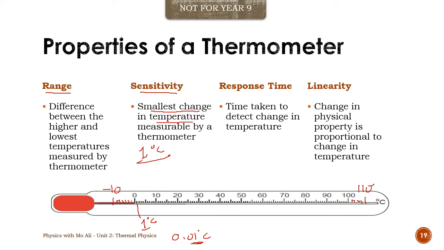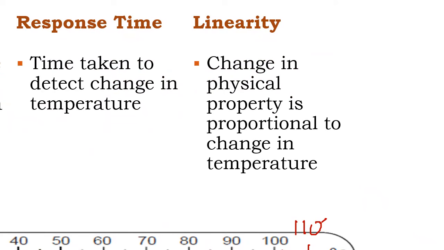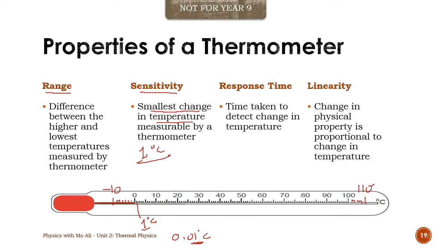And finally, linearity. Linearity is simply a property that you need a thermometer to have. It's the fact that the change in property is directly proportional to the change in temperature. Meaning, if you heat this bulb up by 1 degree Celsius, changing it from 1 to 2, and it expands 1 millimeter, this means that if you heat it to 2 degrees Celsius, it should expand 2 millimeters. 3 degrees Celsius, 3 millimeters, and so on.